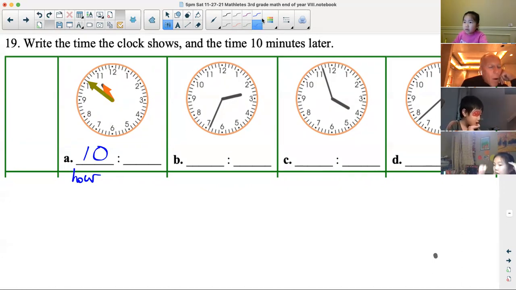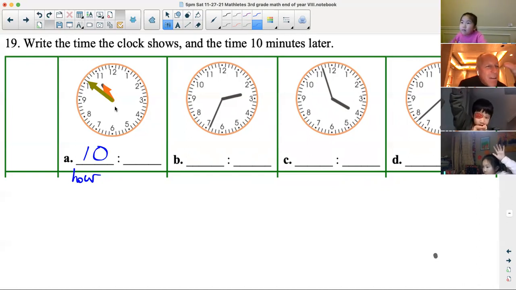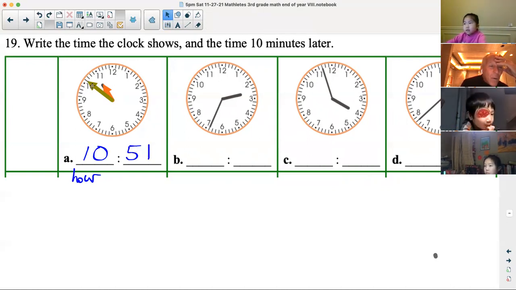Who thinks they know how many minutes have passed 10 o'clock? Remember, there were 10 groups of 5 plus 1 more. On 3, 1, 2, 3. 51. That is right.